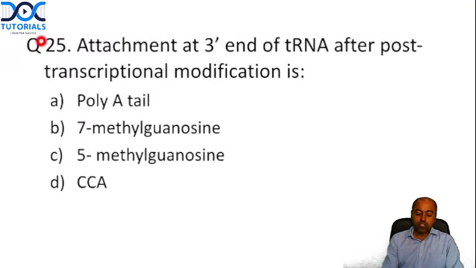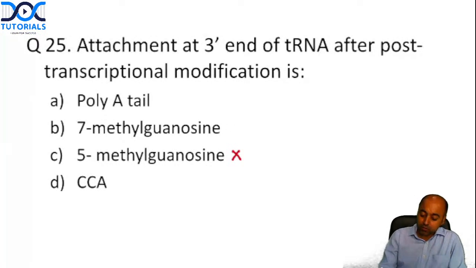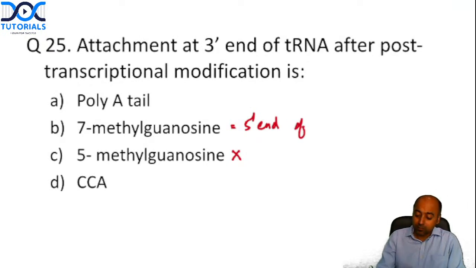Okay, moving on to question number 25. Again, this is a very tricky question. Attachment at the 3' end of tRNA after post-transcriptional modification is: poly A tail, 7-methylguanosine, 5-methylguanosine, CCA. Please note, 5-methylguanosine is not found anywhere. It is not attached to any of the molecules. 7-methylguanosine is attached at the 5' end, not of the tRNA but of the messenger RNA.